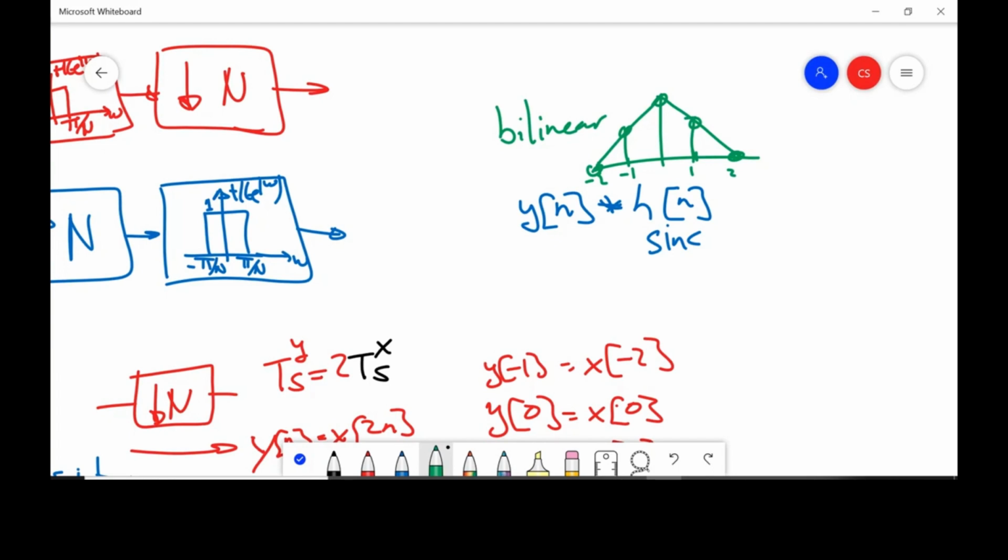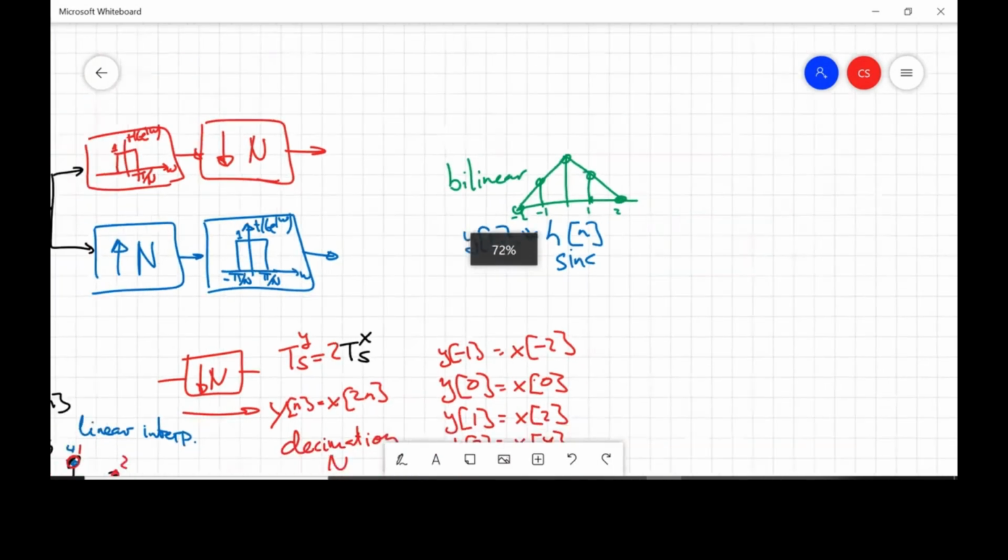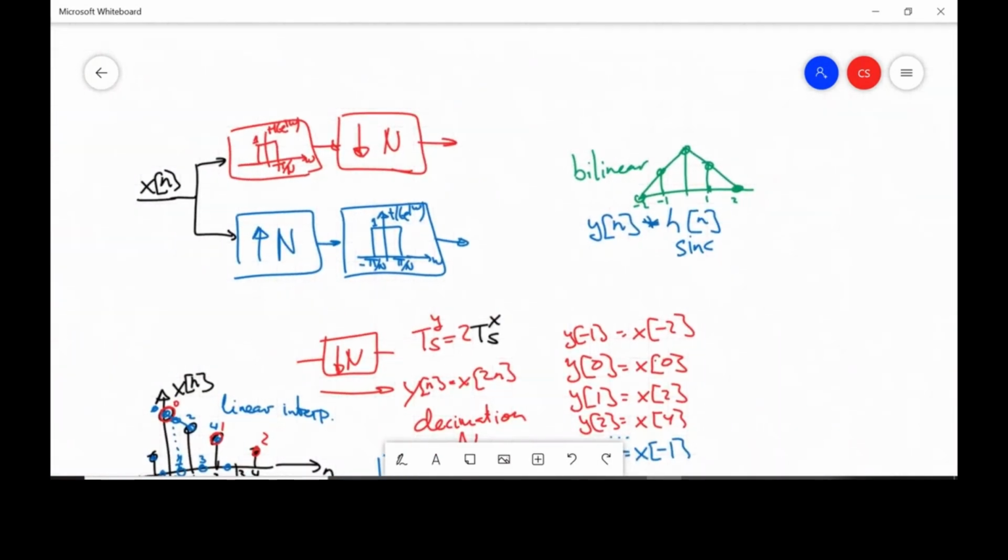Okay, so this is our general structure. We have two operators. This is the decimation, this is the upsampling, and then we put filters, one to avoid aliasing, another one to fill the holes in the signal. Okay, so let's see all this with images.